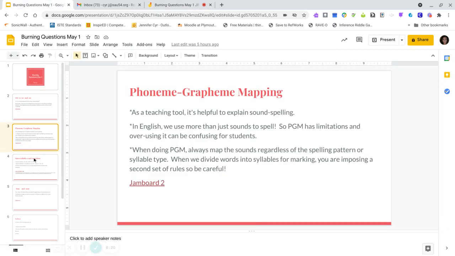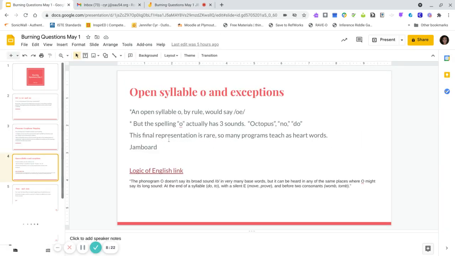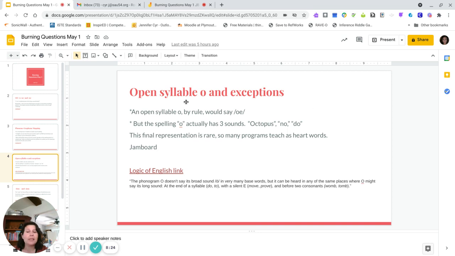All right, now, we had a question about open syllable O and what appear to be exceptions to the rule. So I did a little Google search and based on my prior knowledge, I thought an open syllable O by rule would say O, the long sound.